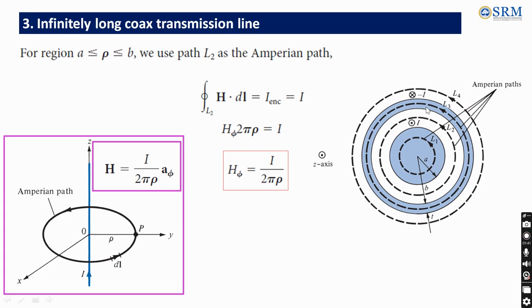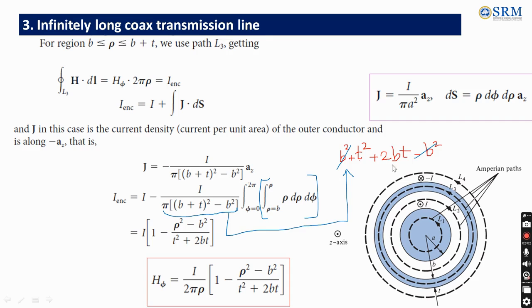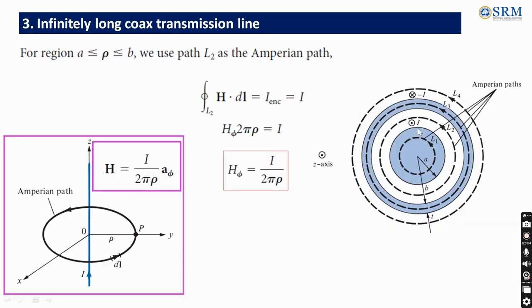So let us now continue with the second Ampere path L2, which is enclosing the inner conductor. What happens to my Ampere's law? The integral over the closed path L2 of H dot dl is equal to the current enclosed, which is nothing but the current I. Here, if I take the complete inner conductor, surface current won't flow; the overall current I flows.